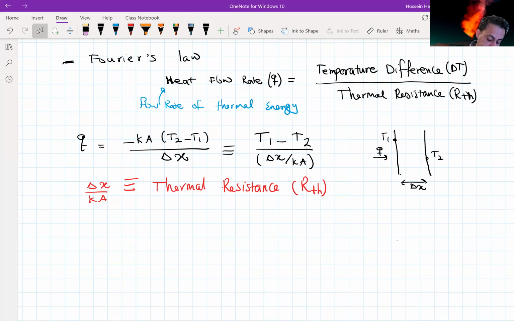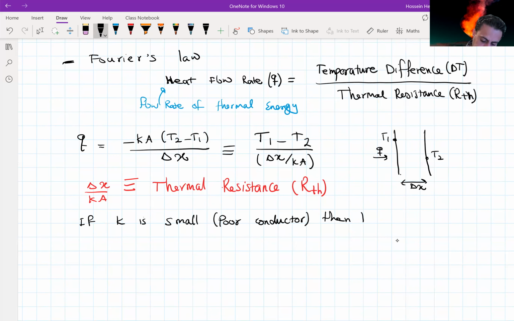Based on this thermal resistance, if K is small, as in a poor conductor, then this resistance R_TH is large, which makes sense. We have a poor conductor here.